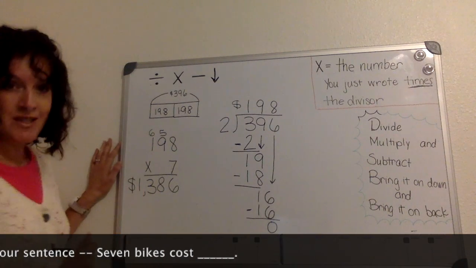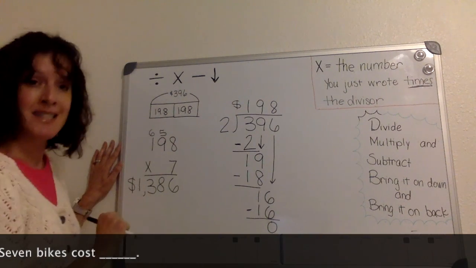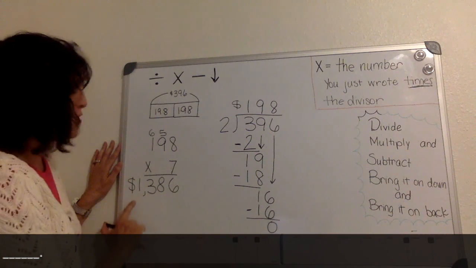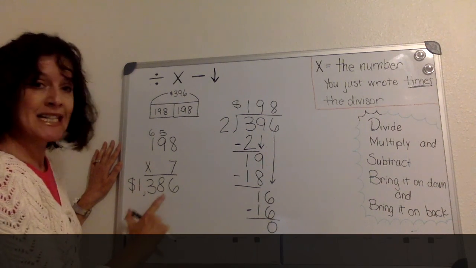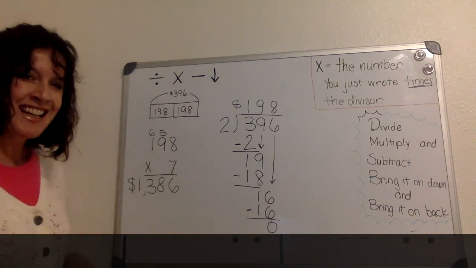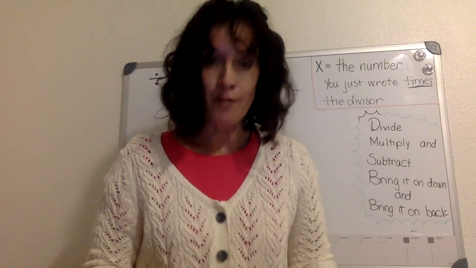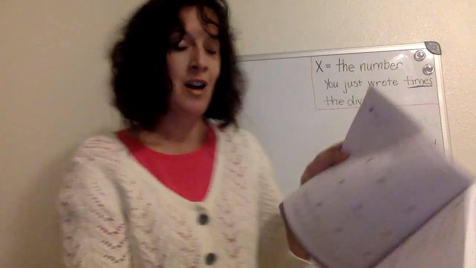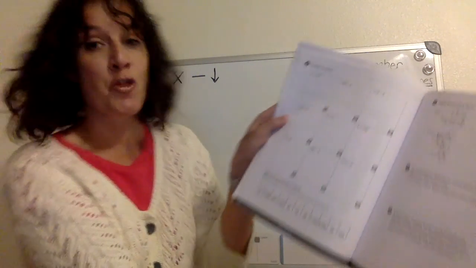If you want to buy 7 of those bikes in this problem, you need $1,386 altogether.